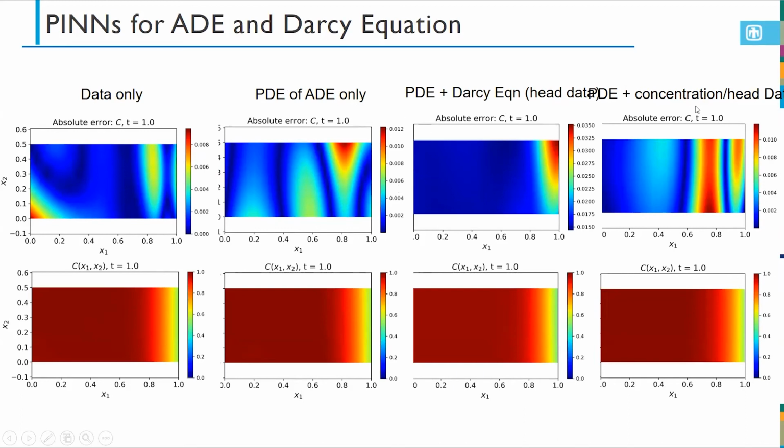As we include more constraints and physics, here the physics equation only, we have a little bit higher error. And for the PDE and Darcy equation, where the velocity field is not known, we need to estimate the velocity field from head data, so we increase our error. However, by considering additional concentration data for this case, we are able to recover the analytical solution relatively well.